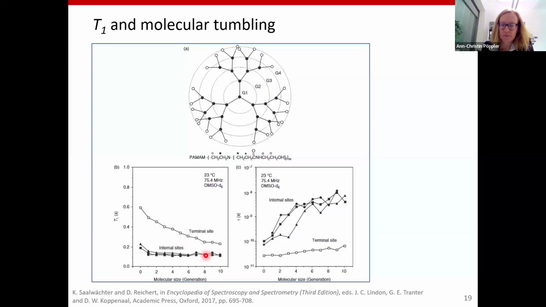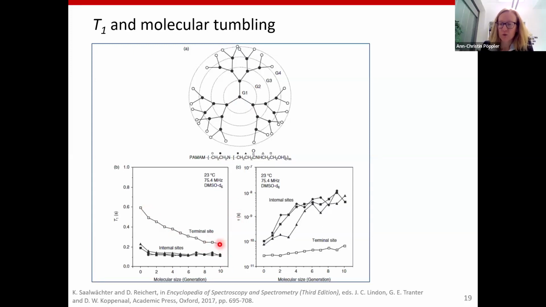And what you can see for all of the different dendrimer sizes is that the terminal sites, so the outer functional groups of this dendrimer, have a variation in the T1 time, which is also slower than the internal sites, and these internal sites have a constant one, independent of the size of this dendrimer.